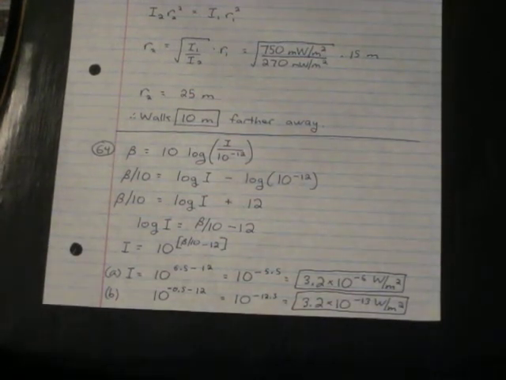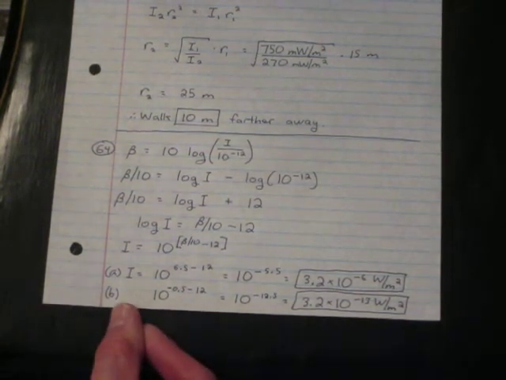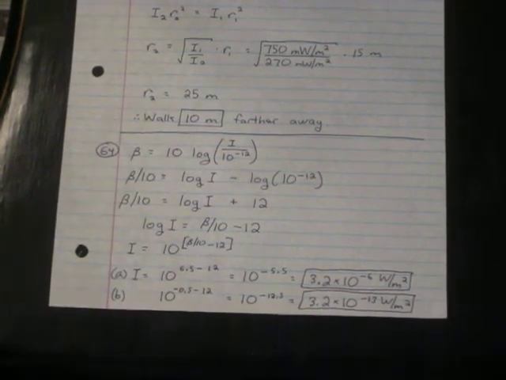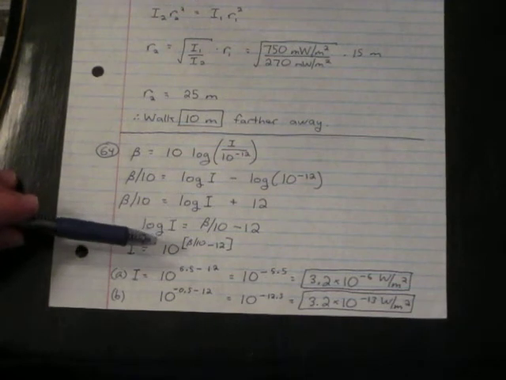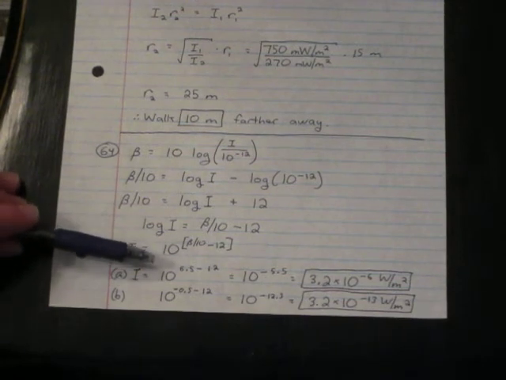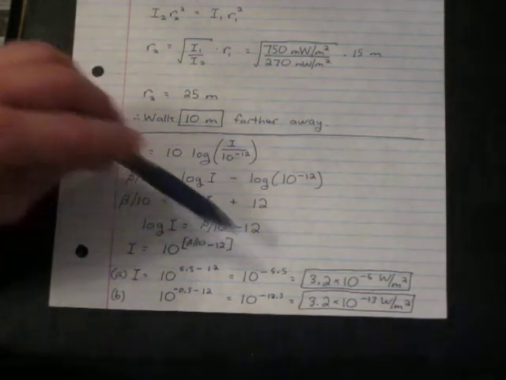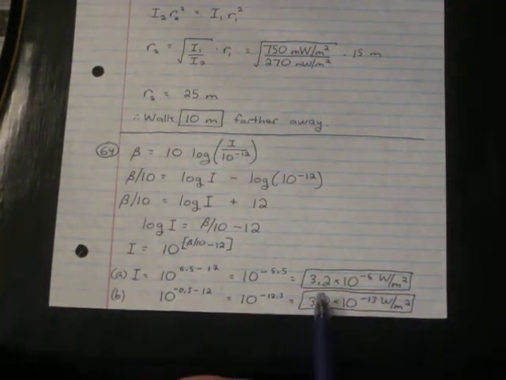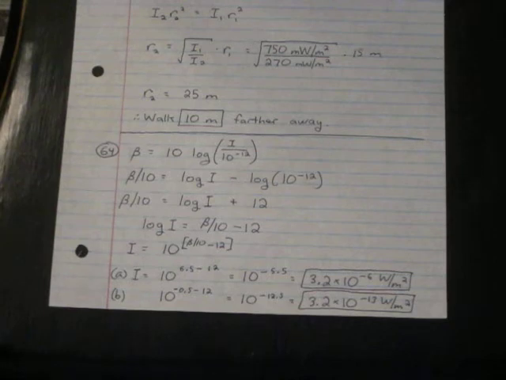Once we have that solved for I, we'll just plug in the decibels, and the first one is 65, so that gives us 10 to the 6.5 minus 12, it's 10 to the -5.5, and we get 3.2 times 10 to the -6 watts per meter squared. Question B is -5 decibels, so that's -0.5 minus 12, that's 10 to the -12.5, which is 3.2 times 10 to the -13 watts per meter squared.